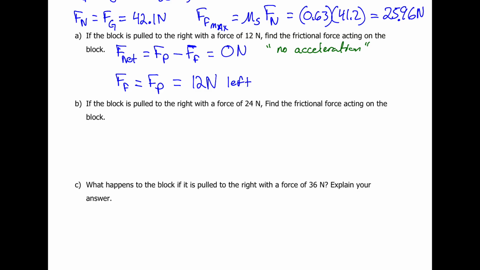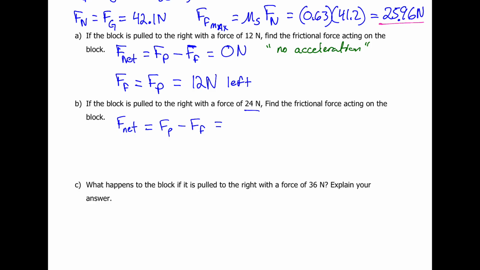We'll slide down to basically the same exact example. I'm going to write it just the same as before to be consistent with our diagram. We're getting used to these FNet diagrams. FNet diagrams are all the forces pulling in a positive direction and all the forces pulling in a negative direction. And we know that 24 isn't enough to match the 25.96, so it's still going to be underneath the line.